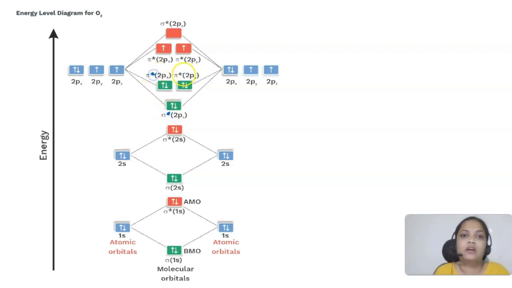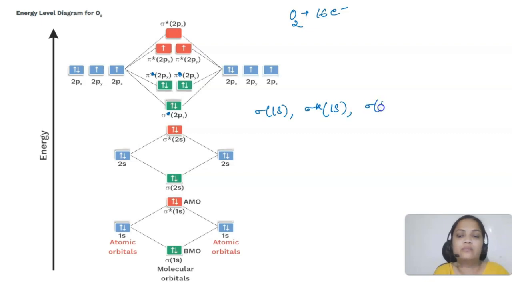Oxygen. I told you there will be only one change. Again, same way, write sigma 1s, then sigma star 1s, then sigma 2s, then sigma star 2s. Now the change: sigma 2pz will come first.